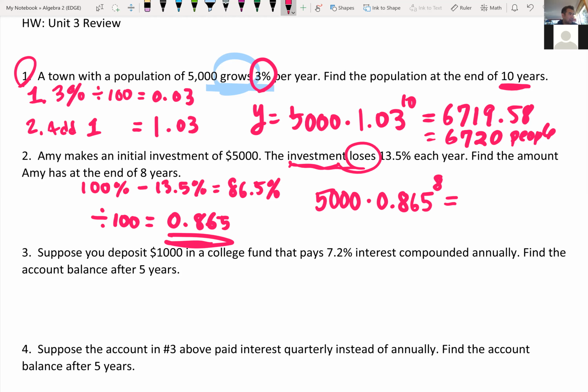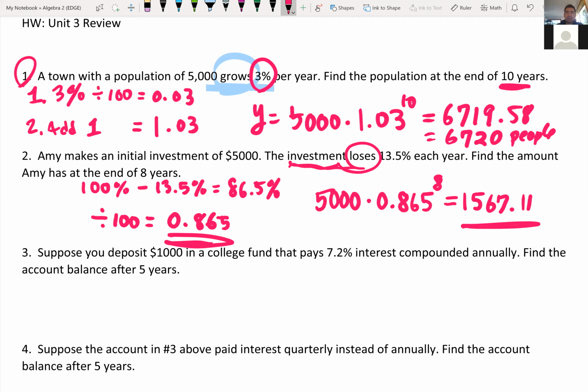And I trust that I've got 3 of the same answers, so I trust that that's the correct answer. It's 1567.11. Okay, very good.